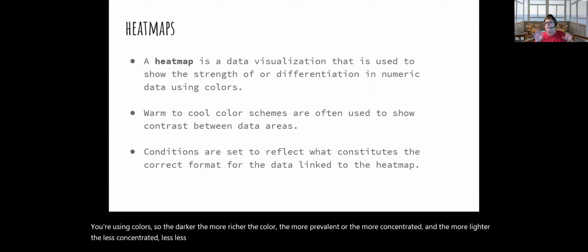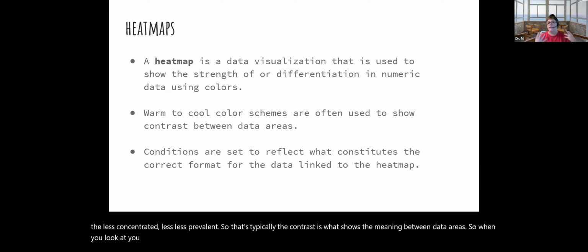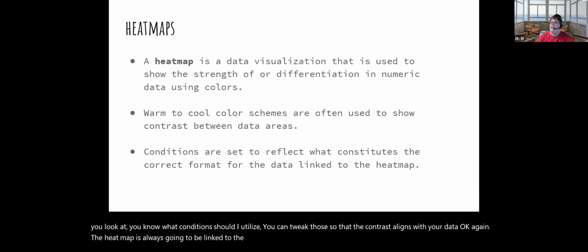That contrast is what shows the meaning between data areas. So when you look at what conditions you should utilize, you can tweak those so that the contrast aligns with your data.